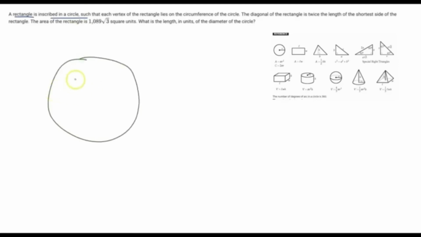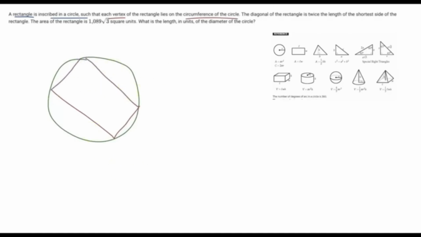So I'm going to draw a circle and then draw a rectangle. The rectangle is drawn such that each corner of the rectangle lies on the circumference of the circle. So one corner goes there, boom, and then the corners of that rectangle are going to be on the circumference of that circle.